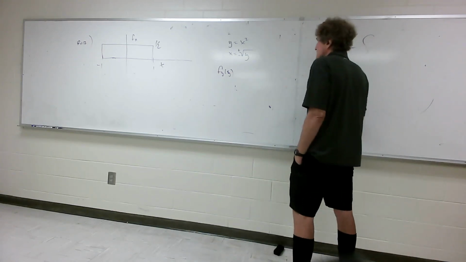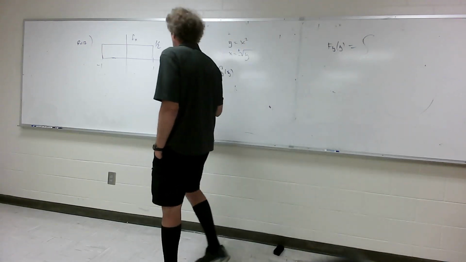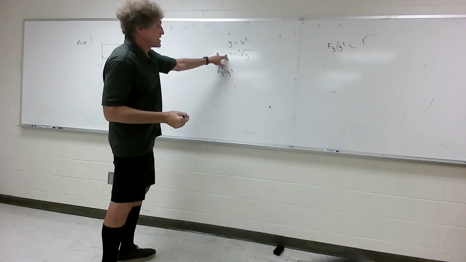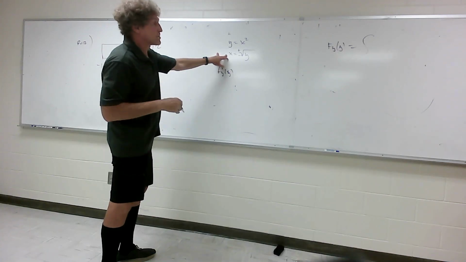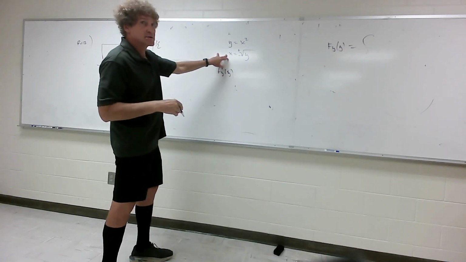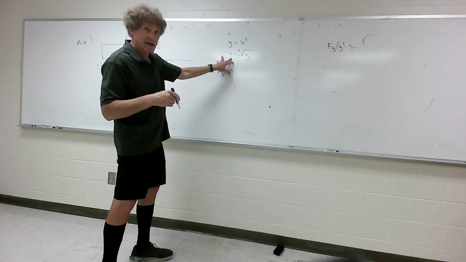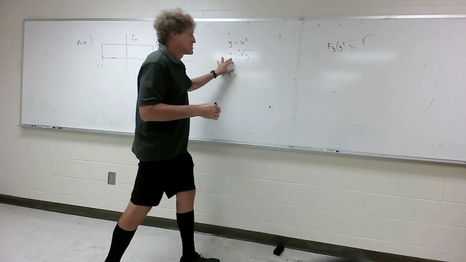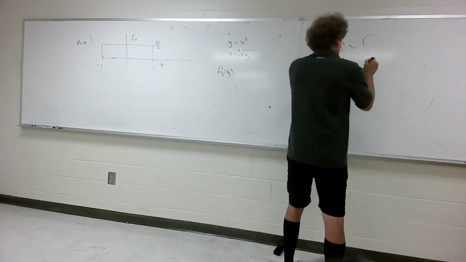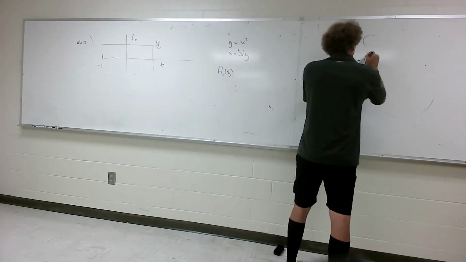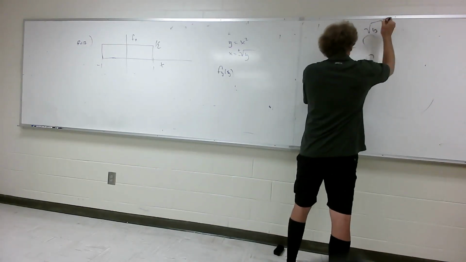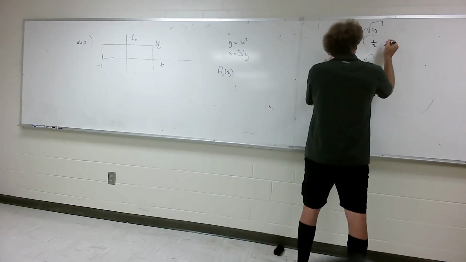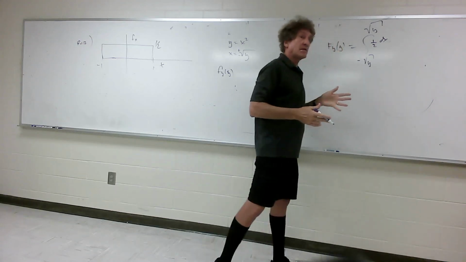Since I have f of x here, I'm going to say if I want to know the probability of y between certain bounds, I just have to figure the probability of x between the bounds associated with y, right? So this goes from minus the square root of y to plus the square root of y of f of x, which is just 1/2, dx. Now, does everybody agree with that?